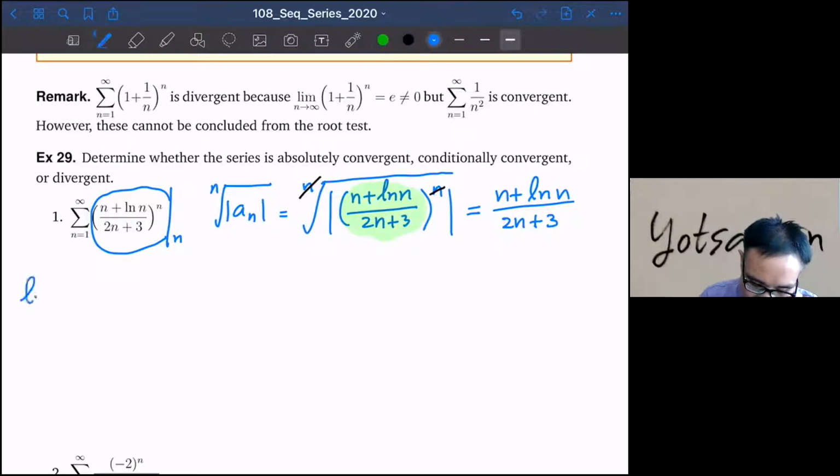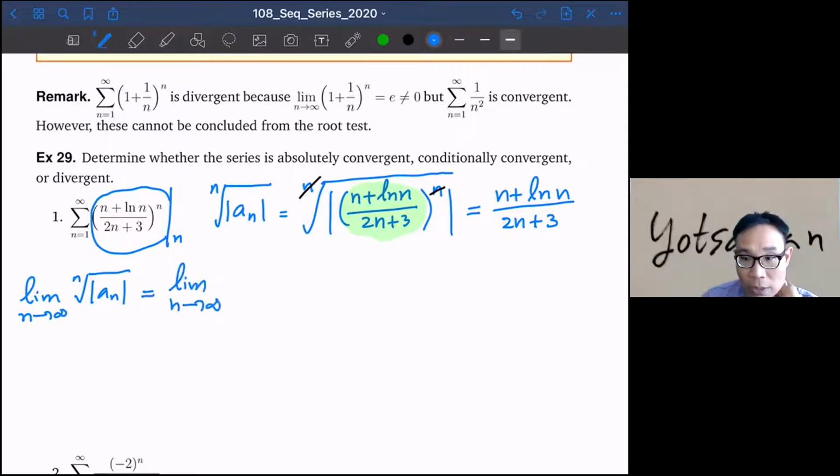And you're going to take the limit as n goes to infinity of the n-th root of the absolute value of a_n. So it's the limit as n goes to infinity of the thing that you already computed, log n over 2n plus 3. And this one turned out to be infinity over infinity, so we will apply L'Hopital.